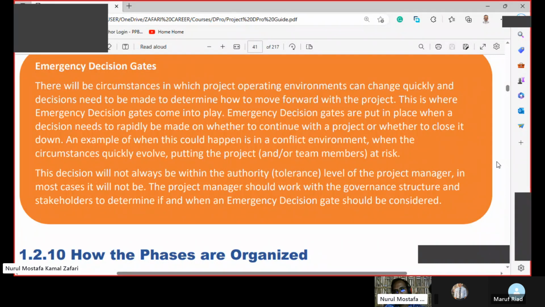So you have applied for the authorization, and the project implementation has already started, but you have informed the local authority that we have applied for the authorization from the government, but we still need to go forward as people need to eat tonight. They need the emergency assistance food package tonight, but the approval will need 3 or 4 days. So these are the emergency decision gates where we can skip the approval, the yes or the green signal from the authority.